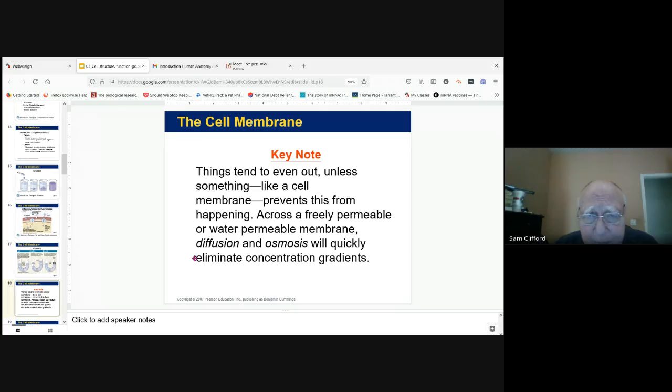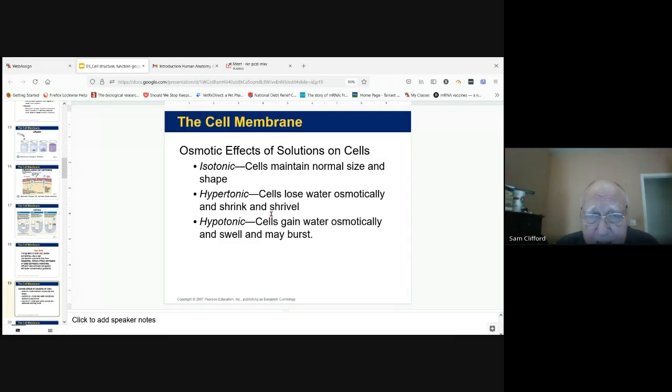Okay, so things tend to move toward equilibrium unless the cell or other chemicals in the body stop it. Okay, so here are the terms I use. We can also use hypertonic, hypotonic, isotonic.